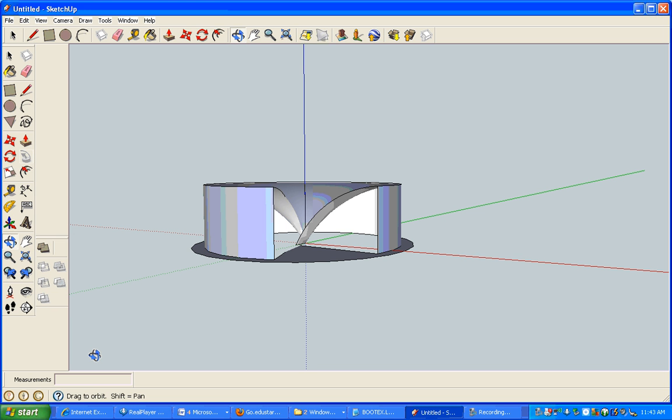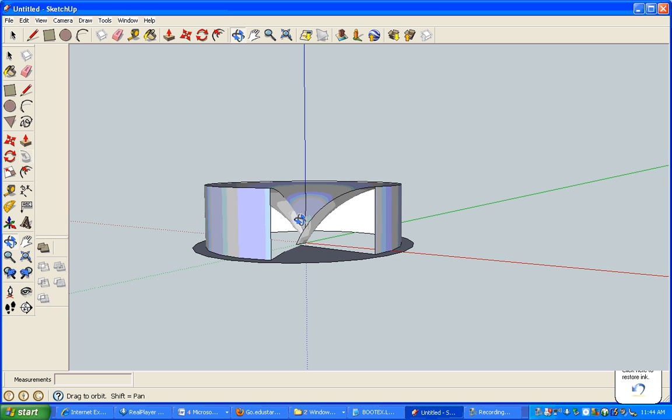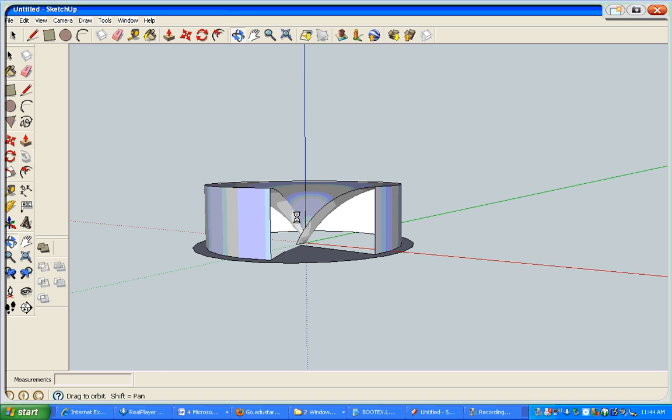Folks, I've tried to not complete it so you can see the parts. I've got one radius that extends from here and another radius that sticks out there. The inner one is hollow, the outer one is solid.